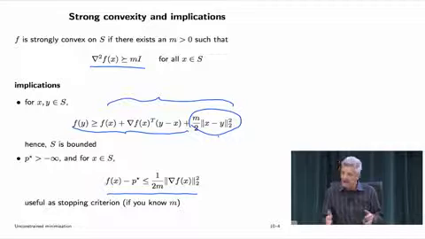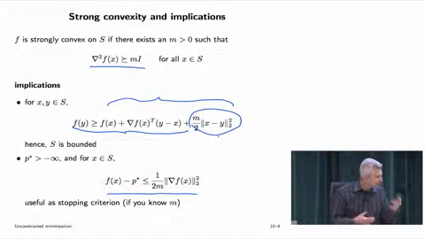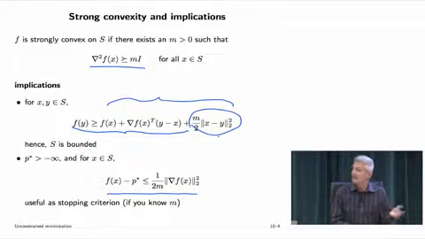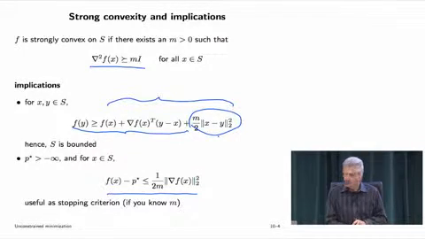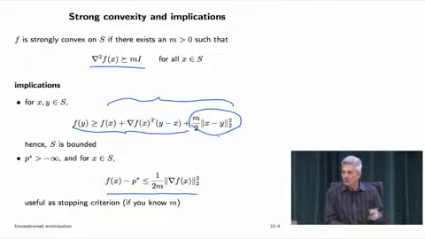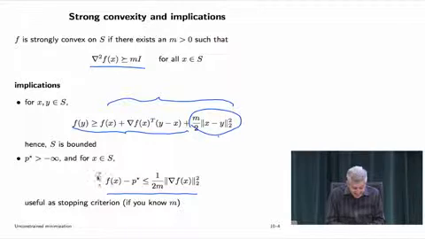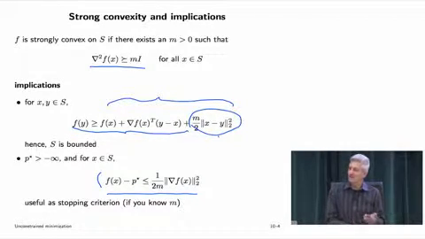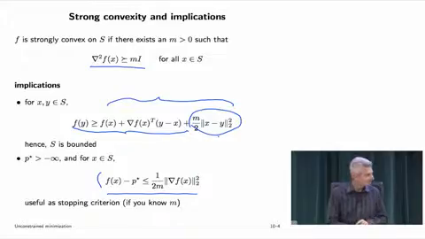So the actual code says, if the norm of the gradient is less than 1e minus 7 or something like that, break. That's what's actually in the code. And someone looks at that and says, well, what's that all about? You would point to this as the justification. You might even put this in the comment in the code. Only minor problem is you don't know m. So that's why I would call this a feel-good thing. Okay, so that's the idea.